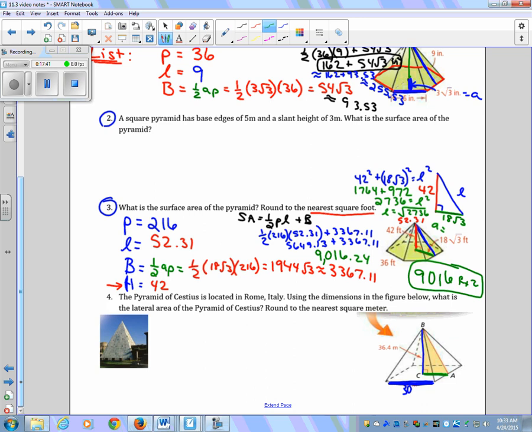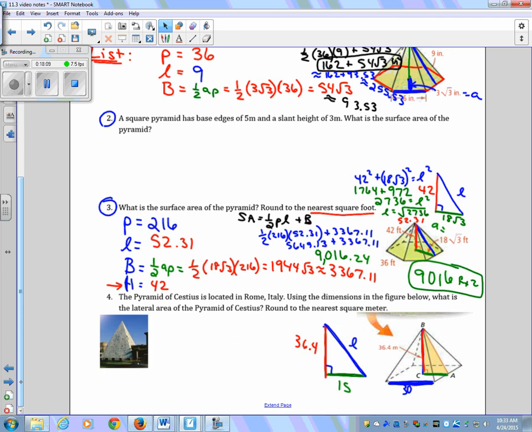That's just half of the side. So when I redraw this triangle, I've got, make this red again like I did last time, 36.4 here, and I've got 15 down here because it's half of the side. And then I'm looking to use Pythagorean theorem to find the slant height again. Okay, so I'm going to let you try that one on your own.